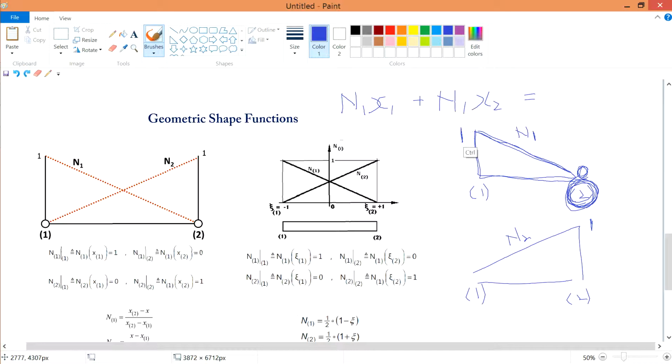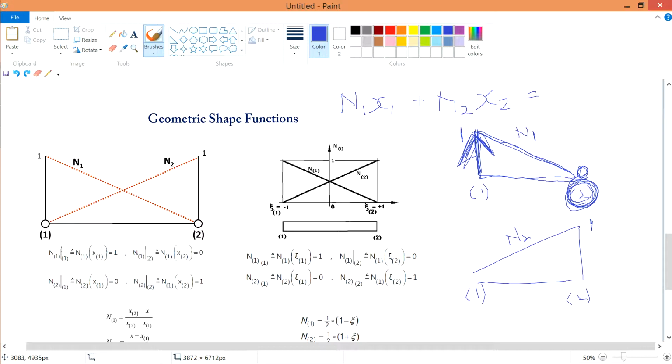But please do not confuse this thing with this thing over here. This thing has no value at all. This thing becomes a vector now, because they're in different directions. N1 and x1 tells you this one, because it's the shape function at node 1, where there's a displacement over here.